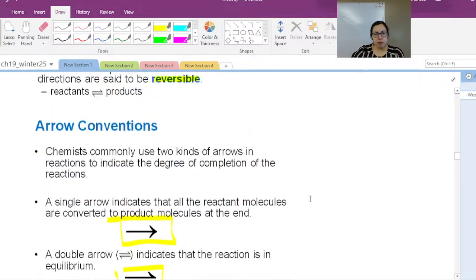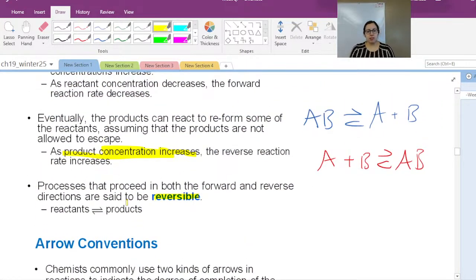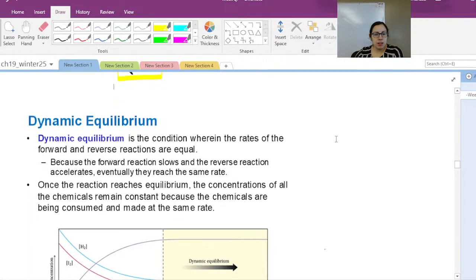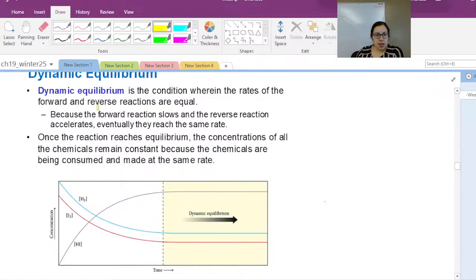And so then, in this situation, eventually we'll reach dynamic equilibrium. Dynamic equilibrium is just where the rates of the forward and the reverse reactions are equal.